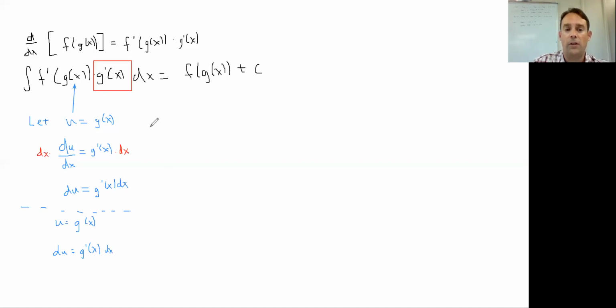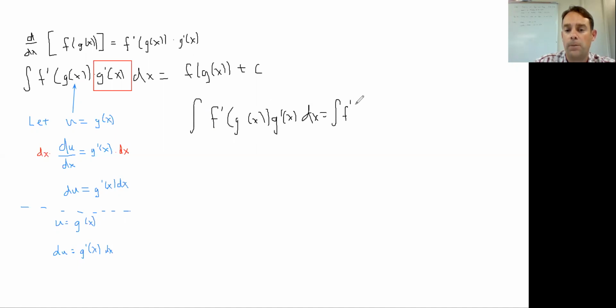Anyways, so if we take this idea here, let's talk about what we're doing here. So then what would happen here is this f prime of g of x, if I use this U substitution idea, what ends up happening is, this g of x, we said we ended up letting that be equal to u.